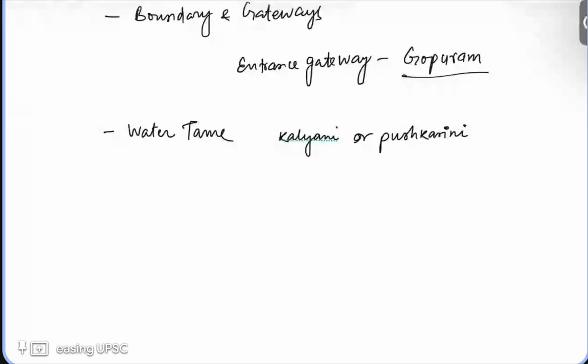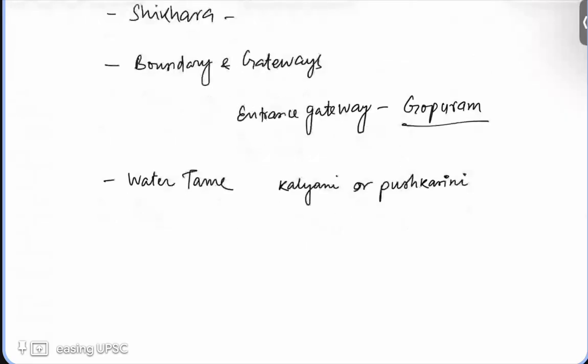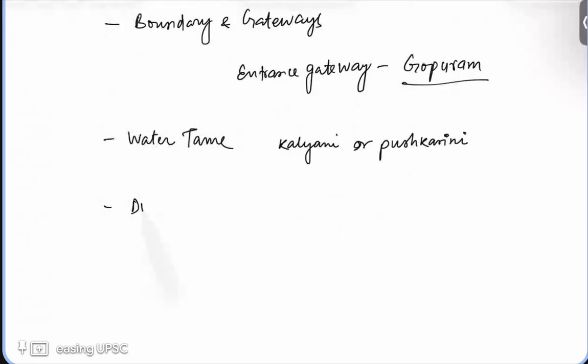Okay, so leave it. There's a temple in Madurai, Meenakshi Amma Temple. If you see that, you'll find this water tank, Gopuram, Sikhar, tower, everything. And then the next feature is Dwar Pala.